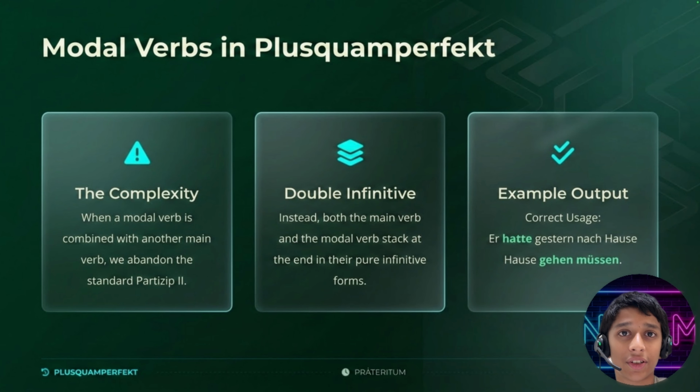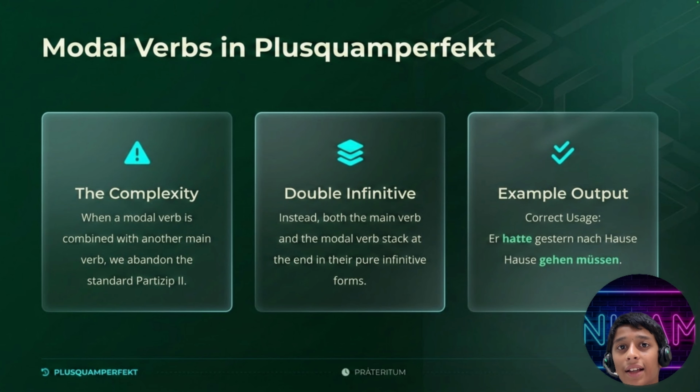Now, modal verbs like müssen, können, wollen, and so on behave a little bit differently when they are combined with another main verb. So pay close attention here. When a modal verb and a main verb appear together, we abandon the standard participle form for the modal. Instead, both verbs stack at the end of the clause in their plain infinitive form. This is called the double infinitive.